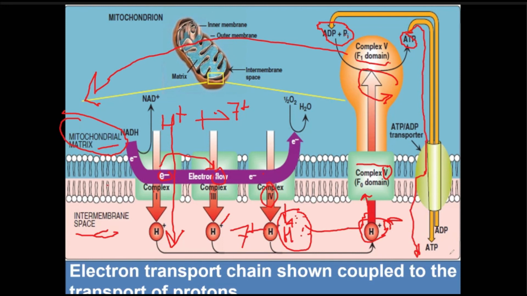Then how are we going to get the ATP here? The ATP that is found in the intermembrane space comes from, of course, the cytoplasm and then enters the mitochondria and gets into the mitochondrial matrix.